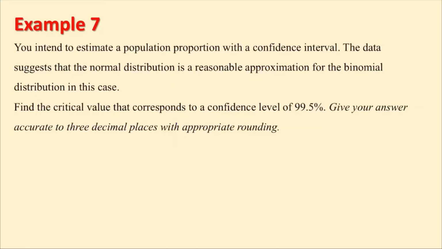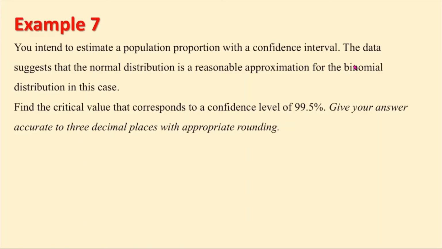Okay, now let's work on example 7. You intend to estimate a population proportion with a confidence interval. The data suggested that the normal distribution is a reasonable approximation for the binomial distribution in this case. Find the critical value that corresponds to 99.5% and give your answer to 3 decimal places.